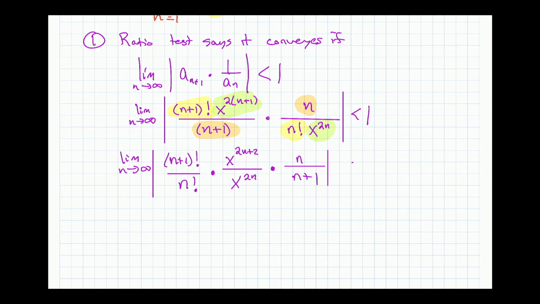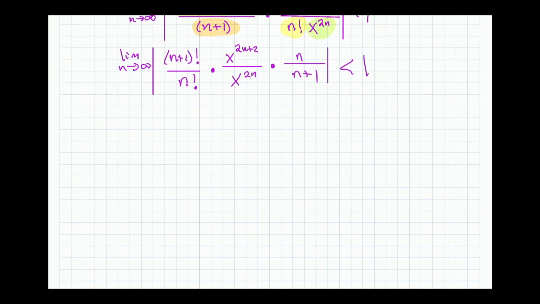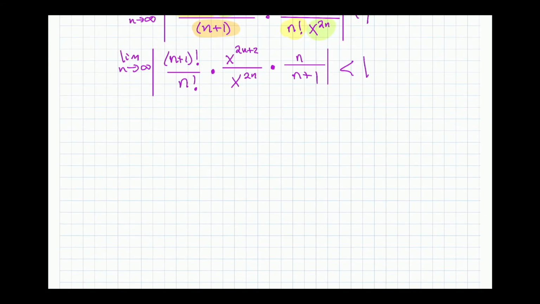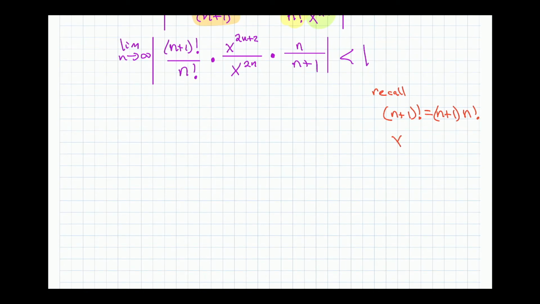Less than 1. Then we have to simplify stuff, so you have to remember how to simplify things like factorials. Recall that n plus 1 factorial can be rewritten as n plus 1 times n factorial. Also, x to the 2n plus 2 can be written as x to the 2n times x squared, because you add the exponents.